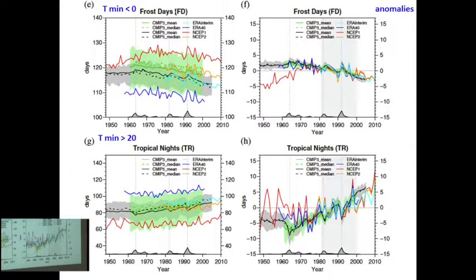And related to the frost days, which are the days with minimum temperature less than 0, they are decreasing, the number of frost days, and the number of tropical nights. Tropical nights mean the minimum temperature greater than 20 degrees Celsius. So this is observation and the historical simulation in the period that we have observations.